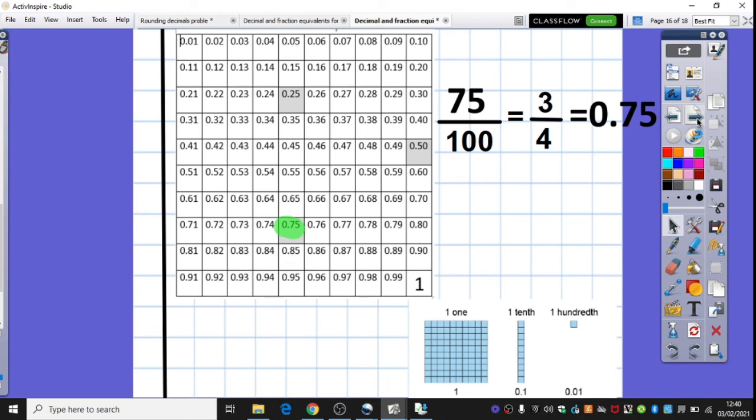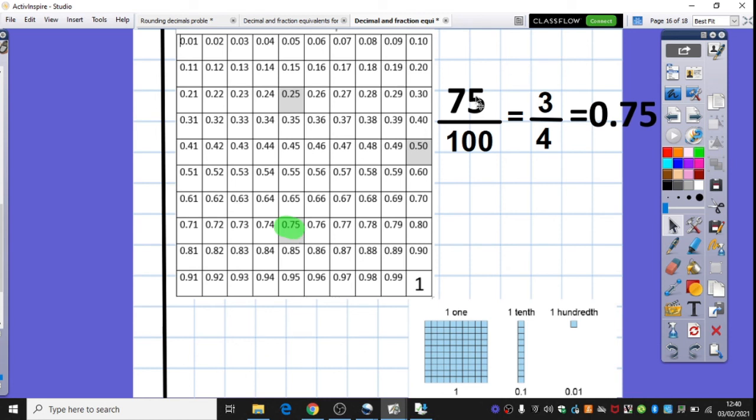Even harder again then, we've just looked at 1/4 of 100, being 25 out of 100 would be equal to 1/4. If we actually think about our 100 square now and think we've got 1/4 here, our second quarter here, which is equal to a half, our third quarter here is 75 hundredths.